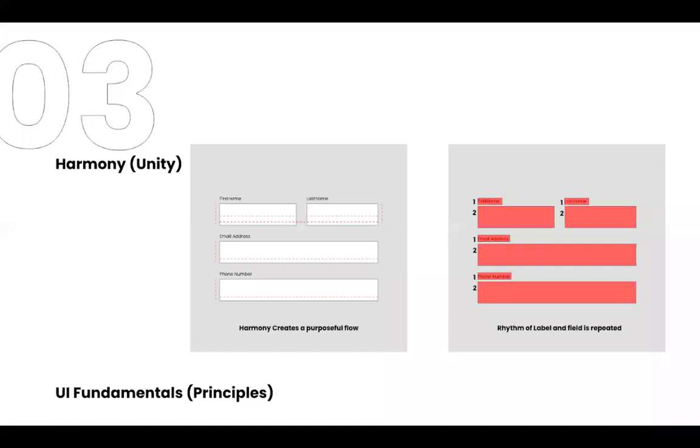The width of the text boxes for email and phone number is the same. And when we take into account the entire width of first name and last name, it equals email and phone number. The spacing between the text areas of first name and last name equals the spacing between the email and the phone number text boxes. That's the vertical spacing. This is what harmony does for you as a whole.